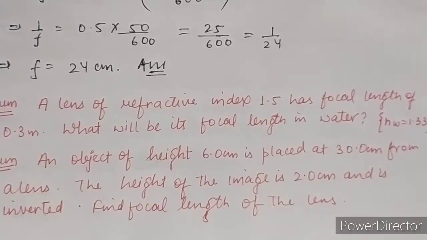Then some theoretical portion comes, and afterwards we move towards optical instruments, okay, clear. So up to here you have to solve, and with this our lens topic has been wound up. This chapter is lengthy, okay, and I think 3 or 4 lectures of this chapter are still pending, okay, clear.